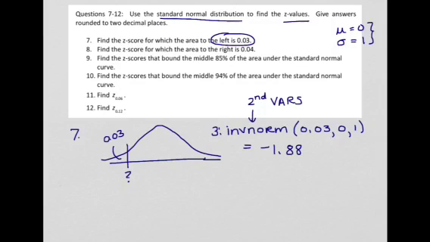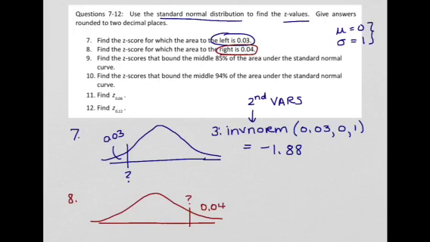Now number 8, we want to find a z-score for which the area to the right is 0.04. So it's the same type of problem, but now the area is on the right side, so we're looking for this z-score, and the area is 0.04 in the right-hand tail.